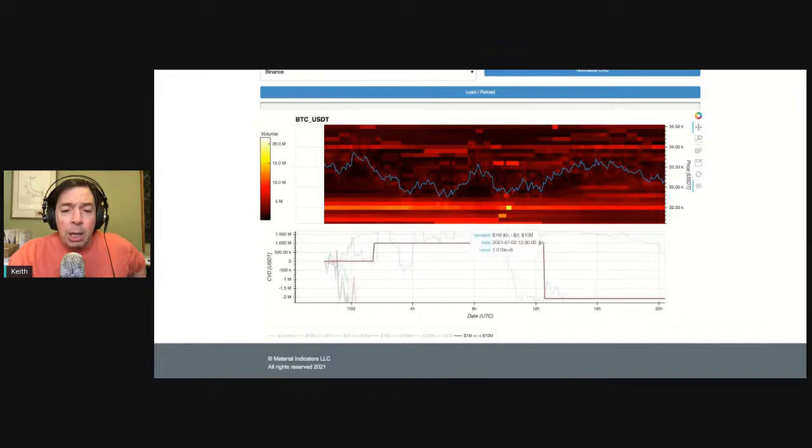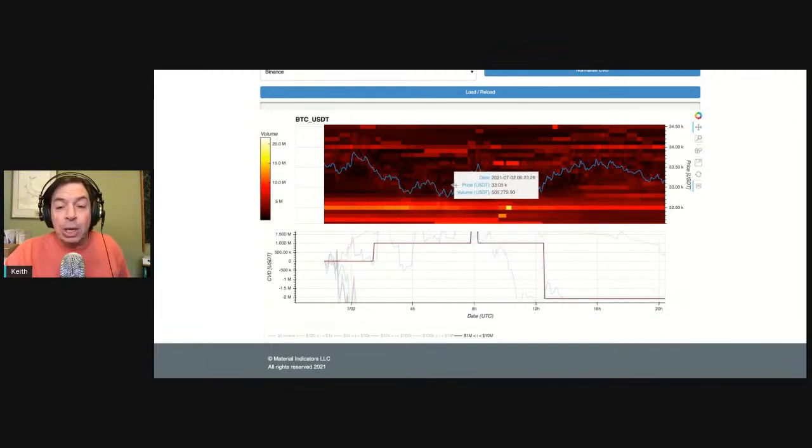So that class was up $1 million and then sold. So this is 3 million. Okay. So from 1 million down to minus 2 million, that's a $3 million deficit. So that was a pretty significant market order.